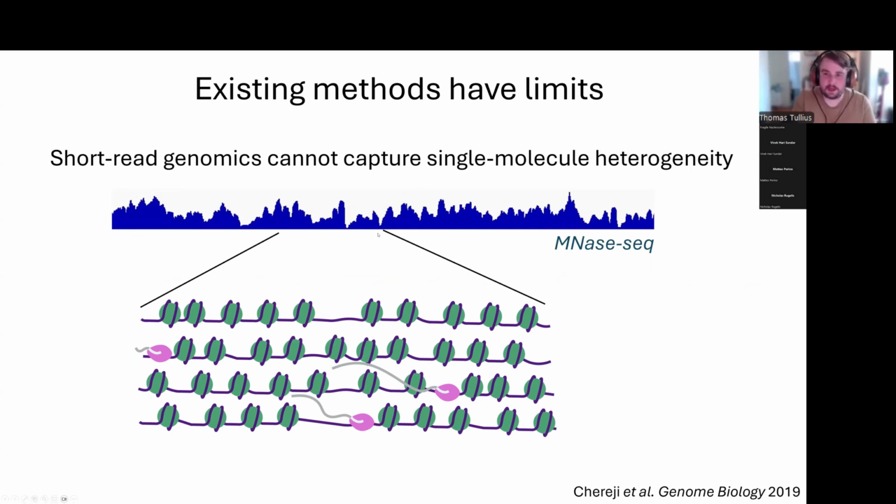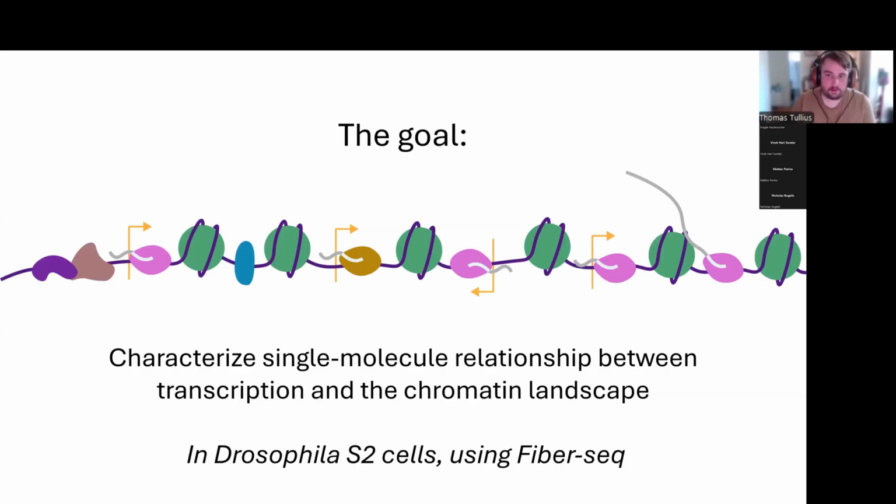So we lose the underlying patterning and variability that tells us how polymerases and nucleosomes directly interact. My goal with this work was to establish an approach to look at this single molecule relationship between transcription and the chromatin landscape using a single molecule genomic approach called Fiber-seq in Drosophila S2 cells.